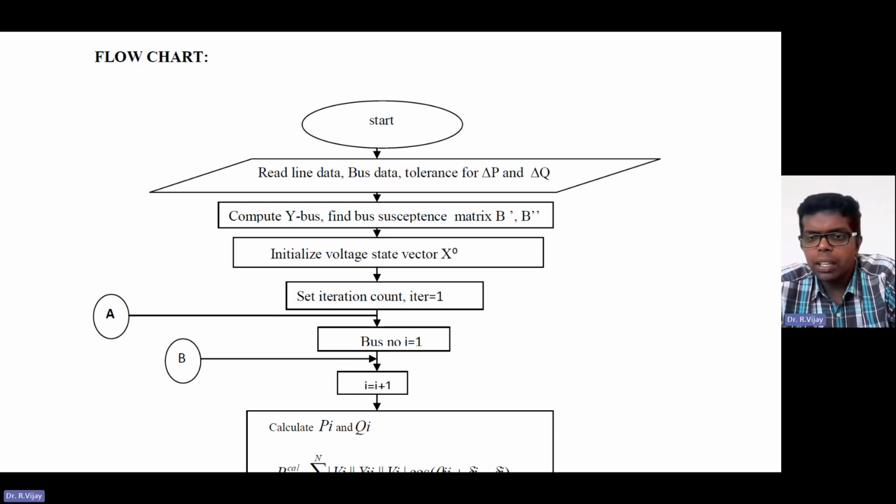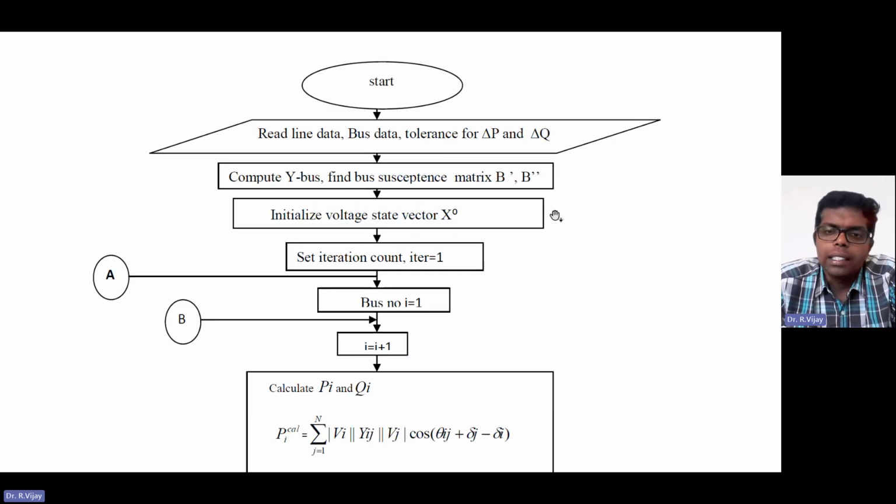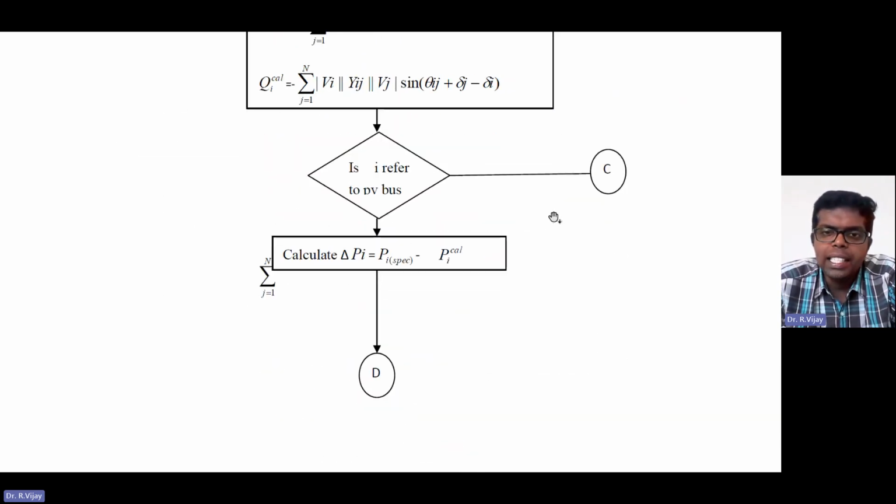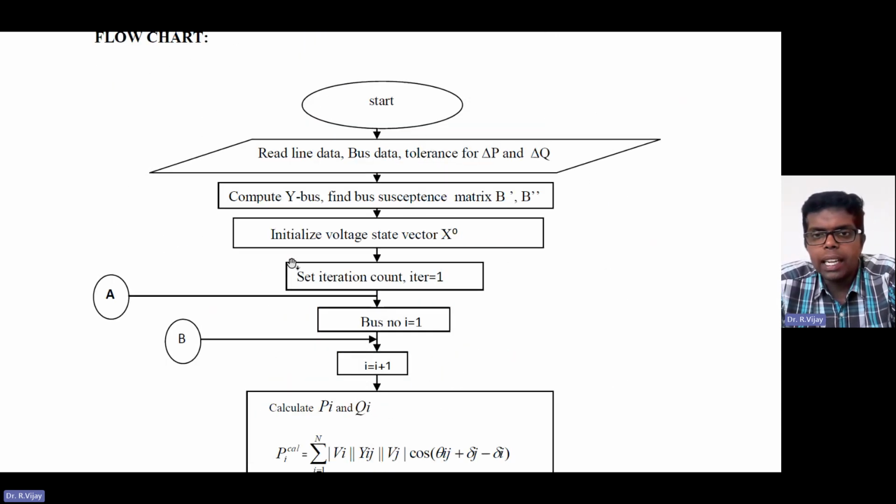The flow chart is just the algorithm you studied, in a simplified manner. But you need to explain each and everything, how it is going. It is very simple. Easily you can get full marks in this fast decoupled method. That is 10 marks.